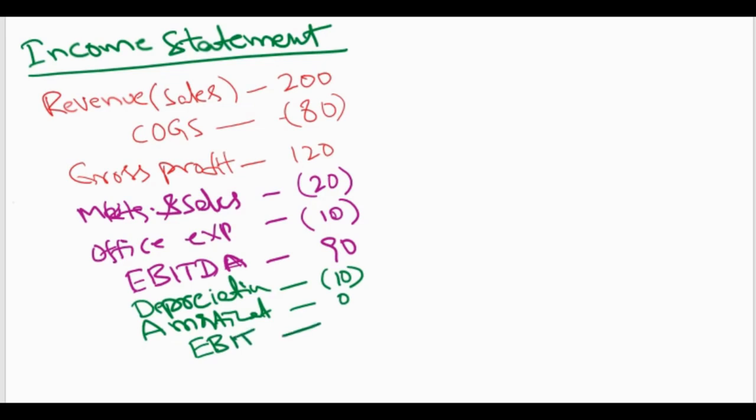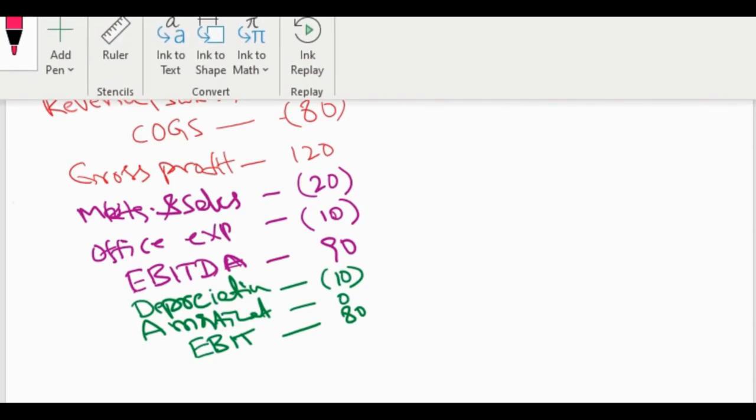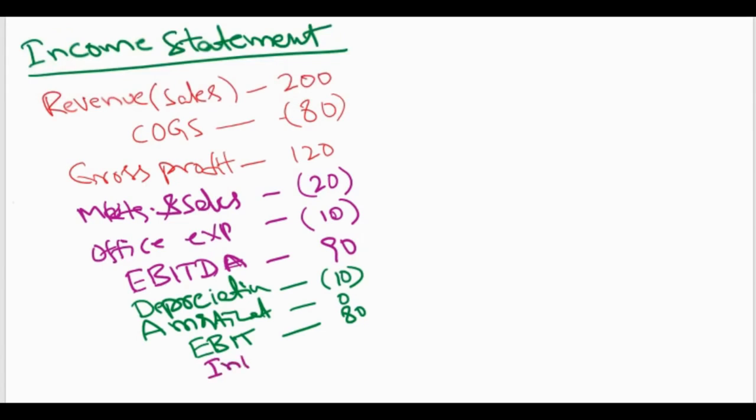What is EBIT? Earnings before interest and tax. How much is it coming to? 80 million. After this, the left out is interest. So let's reduce interest, let's take 20 million as interest.